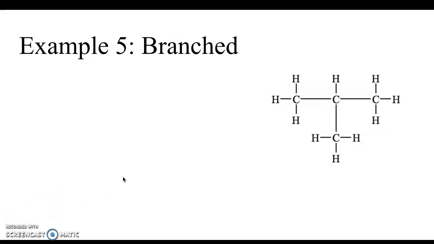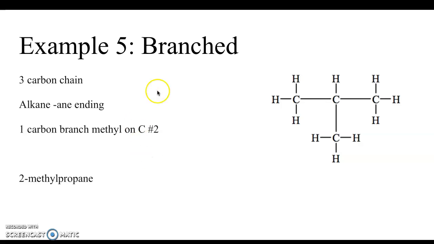Alright, now here's an example of a branched hydrocarbon. So we have a carbon chain of 1, 2, 3, we could also count this 1, 2, 3. But either way, you have a 3-carbon chain, so this is going to be "prop." We have all single bonds, so an "ane" ending. Our branch is on carbon number 2, 1, 2, no matter which way we count.